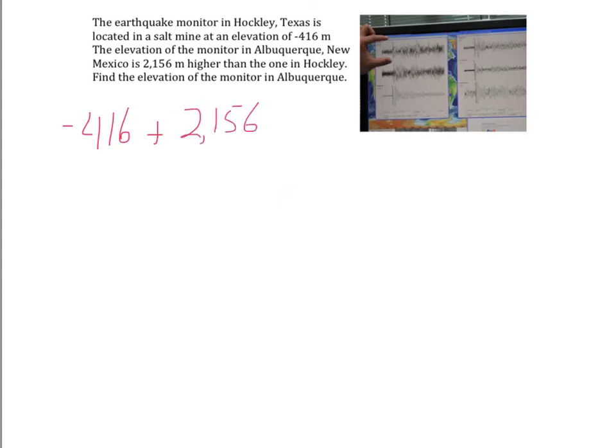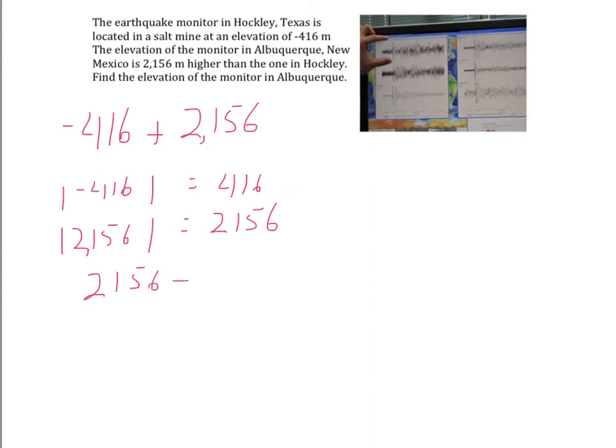2,156. So I'm going to find the absolute value of negative 416, which is 416. I'm going to find the absolute value of 2,156, which is 2,156. I'll find the difference of those two, so 2,156 minus 416, and I get 1,740.